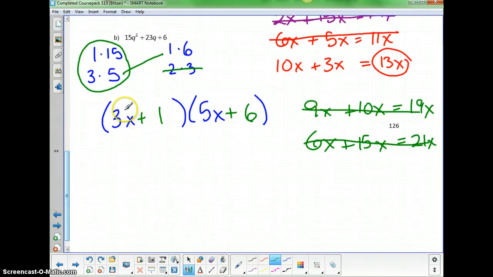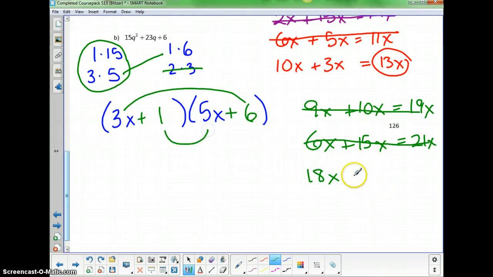So let's try. That would be 3 times 6 is 18, and 1 times 5 is 5, and 18x plus 5x is 23x. That's what I was trying to get here.